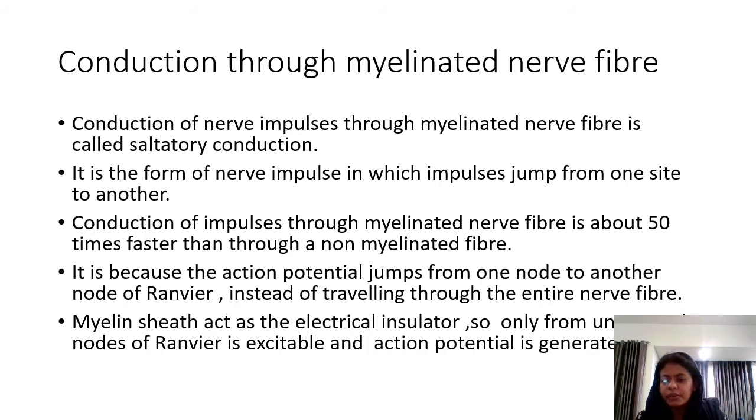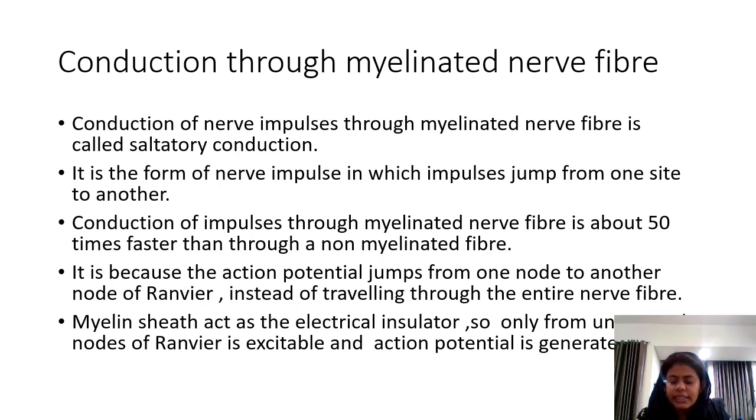In usual nerve fibers, it is a continuous traveling of impulses, but in myelinated fibers, it jumps from one node of Ranvier to another. So the conduction is called saltatory conduction, and it is around 50 times faster than in non-myelinated nerve fibers.